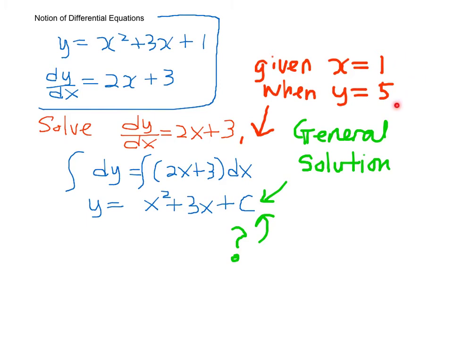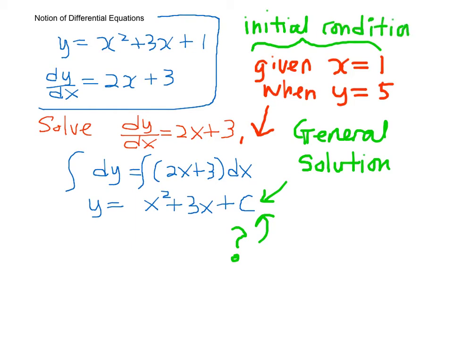Now this extra condition, because it's a special condition, we give it a special name. This is what we call an initial condition. Because this is given, you can now utilize this condition to help you calculate the value of c. Now, let me write out some part of this. We said we didn't know c, but now we can find c because of this.